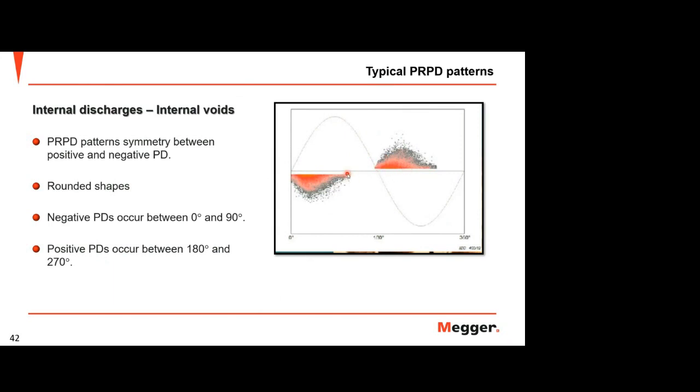It can be multiple layers depending on how many voids are inside. If there are many voids in the insulation, maybe you can see multiple layers, but with the same characteristic, meaning the positive and negative half cycles have the same magnitude.